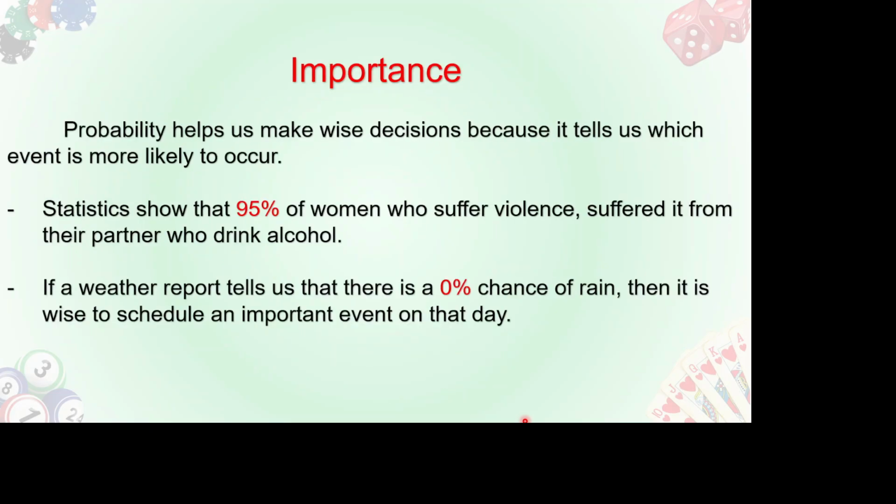Now, why is it so important for us to know about probability in real life? In real life, we actually have certain professions that use probability a lot. For example, businessmen are calculating the probability of bankruptcy and the probability of getting a profit or getting more interest, so they will not go bankrupt.